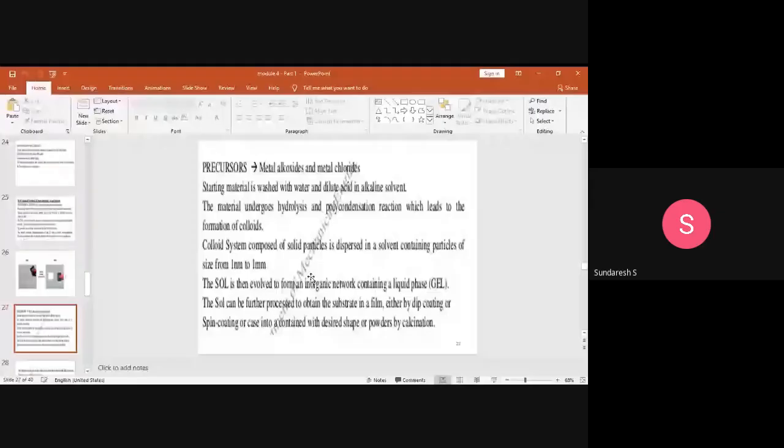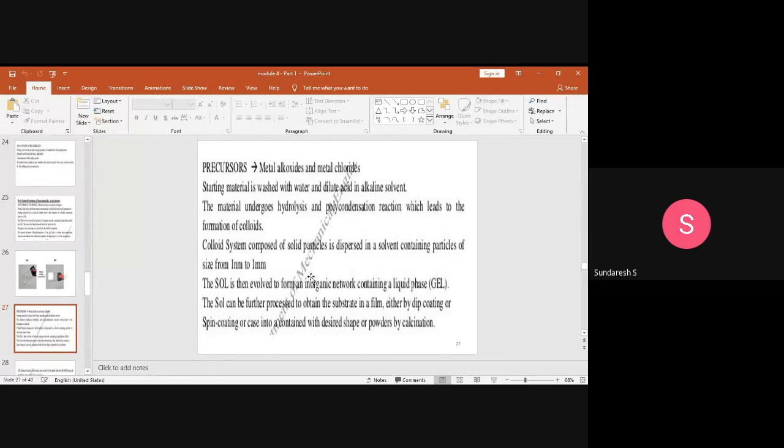Basically, the starting material will be in the form of metal oxides or metal chlorides. These are washed with water and dilute acid in an alkaline solvent. When you wash it, the material undergoes hydrolysis and polycondensation reactions, leading to the formation of colloids.